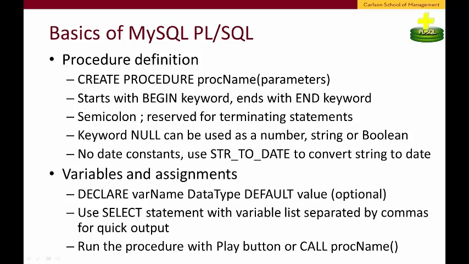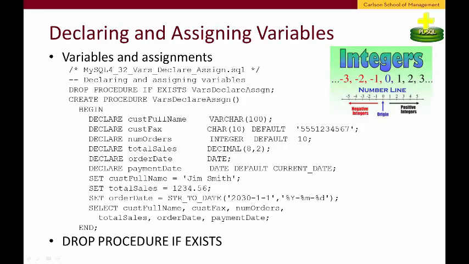The following 5 slides use 6 small SQL files that are either blank, or have some code partially or fully completed, to go through some of these basics of MySQL's version of PL/SQL. We will start by opening the 4_32_vars_declare_assign.sql file, which is in the lectures sports subfolder of the 04 query SQL folder.